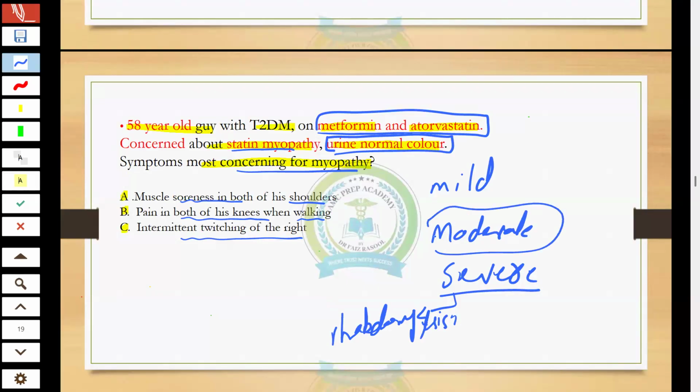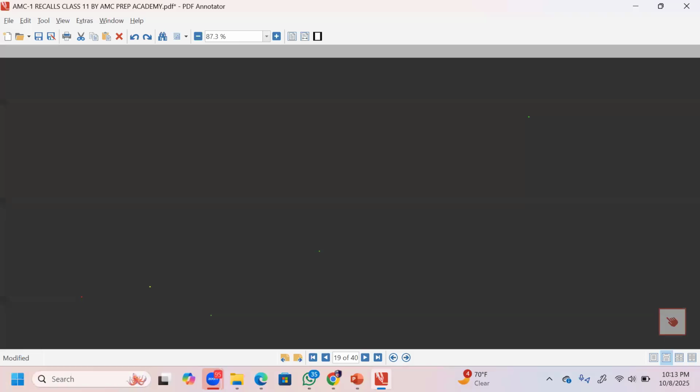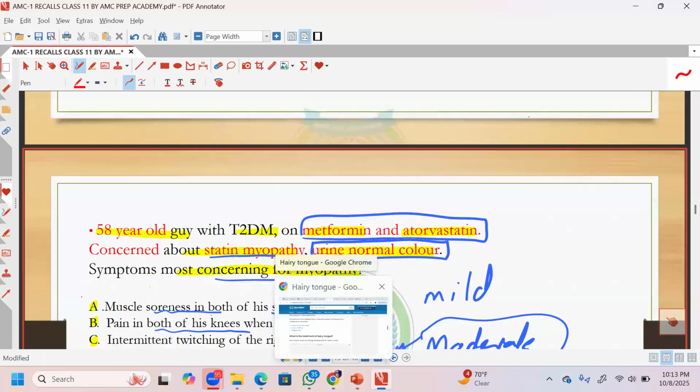In mild to moderate, the patient complains of fatigue, myalgia, like this. So here in our question, the urine color is normal, so it means mild to moderate. We will go with the guideline. Let me see what it says on the guideline.